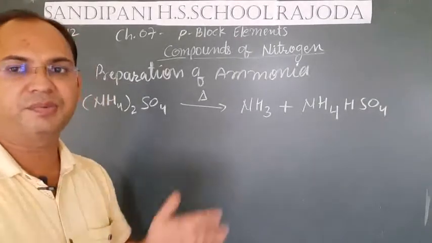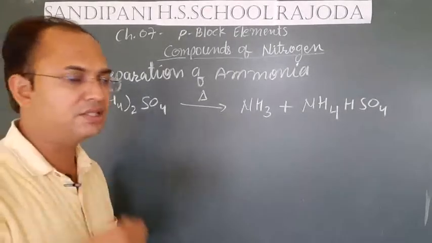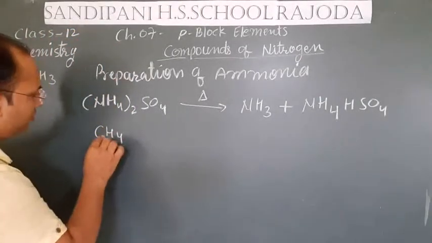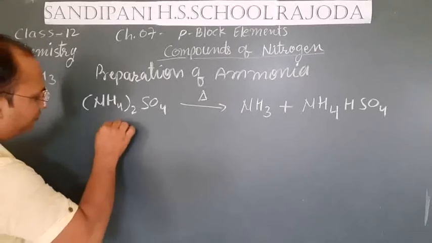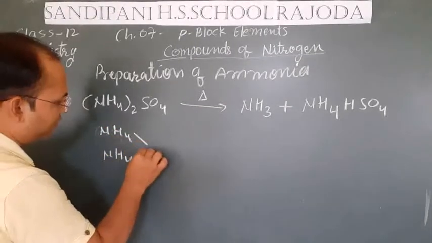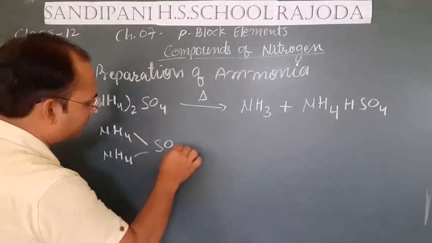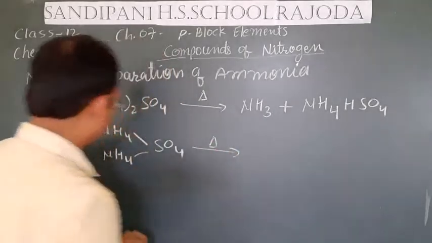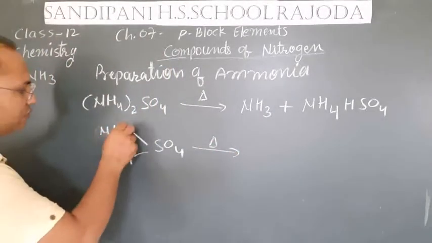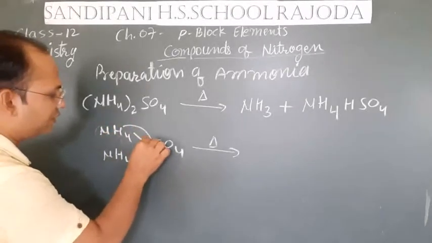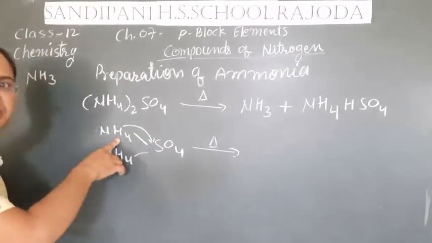Now if we expand this reaction, let's understand how this reaction takes place. NH4 and NH4 both are combined with SO4. Whenever we heat this, then one hydrogen from this ammonium ion gets attached with the sulfate and NH3 remains here.